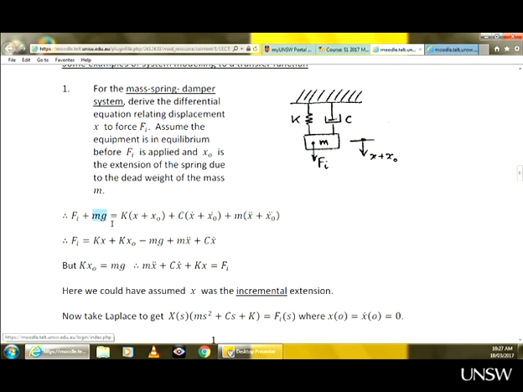The forces resisting the displacement will be the force in the spring, which is k(x plus x naught). Remember, the initial displacement of the spring is x naught, so there is a force already acting upwards, k x naught. But if you move x even further, the force will be k(x plus x naught). And the other force acting against the displacement is the force in the viscous damper.